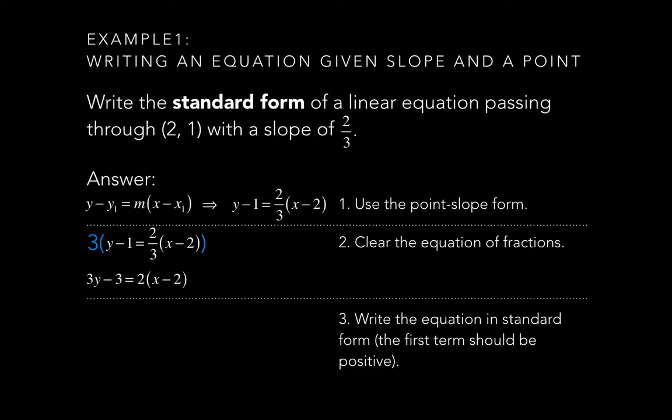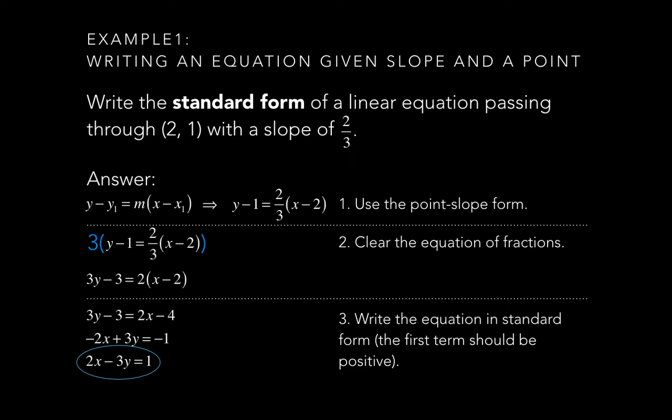So standard form looks like ax plus by equals c. So if you distribute the 2 to both of those terms in the parentheses, and then move your terms around, we have to remember that the first term should be positive, so we would multiply everything by a negative so that it is a positive ax plus by and then our c value.